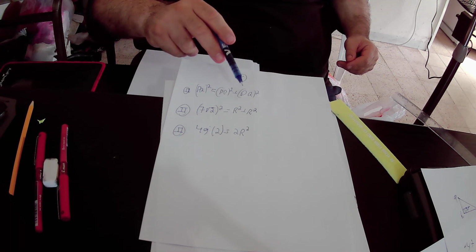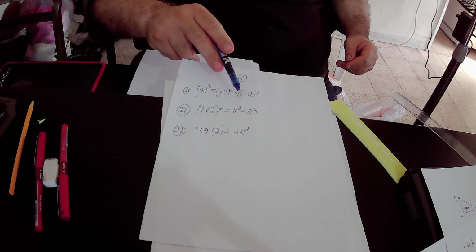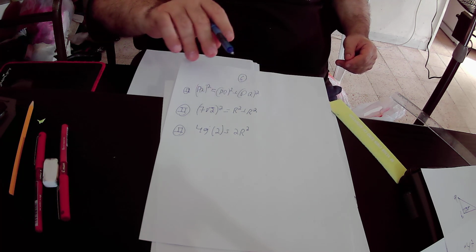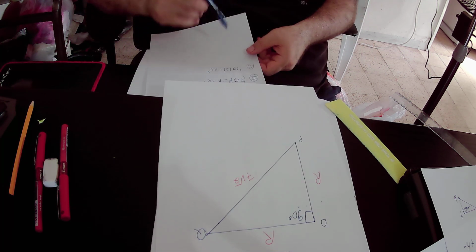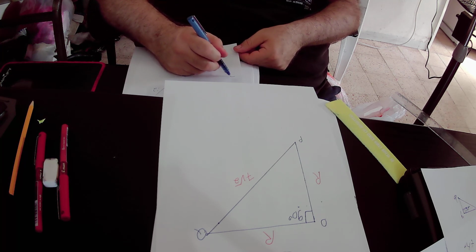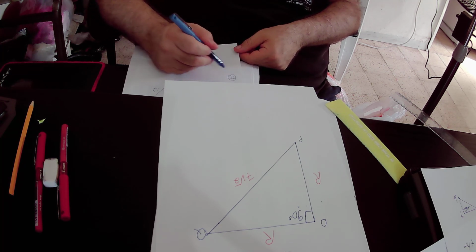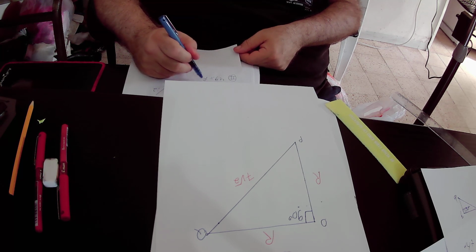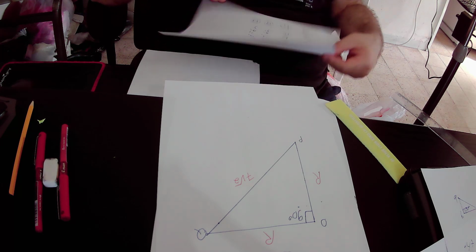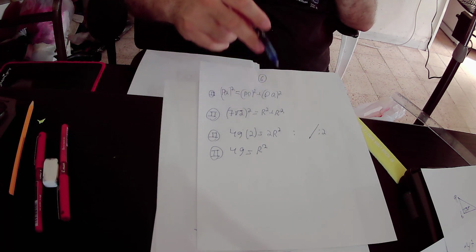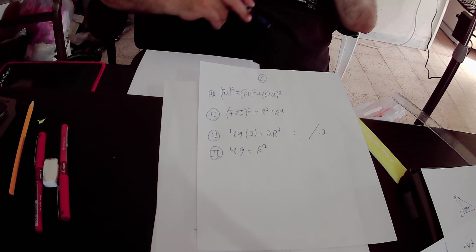R square plus R square equals 2 times R square. Here we can divide the equation by 2. So we divided the equation by 2, we got that 49 equals R square.